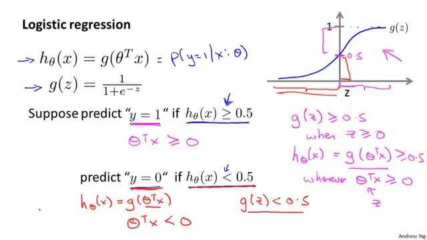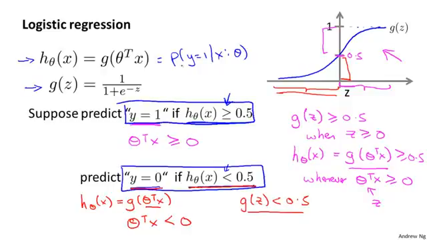To summarize what we just worked out, we saw that if we decide to predict whether y is equal to 1 or y is equal to 0, depending on whether the estimated probability is greater than or equal to 0.5 or whether it's less than 0.5, then that's the same as saying that we'll predict y equals 1 whenever theta transpose x is greater than or equal to 0, and we'll predict y is equal to 0 whenever theta transpose x is less than 0.